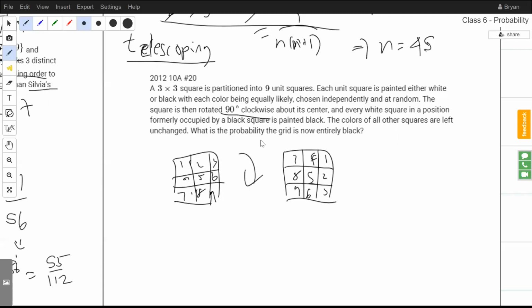This is what the rotation would sort of do. So what you notice is that the center stays the same. The numbers in the corners are going to be shifted, but they stay in the corners, and same with the edges. So we really have 3 separate things we need to focus on: the center, the edges, and the corners.